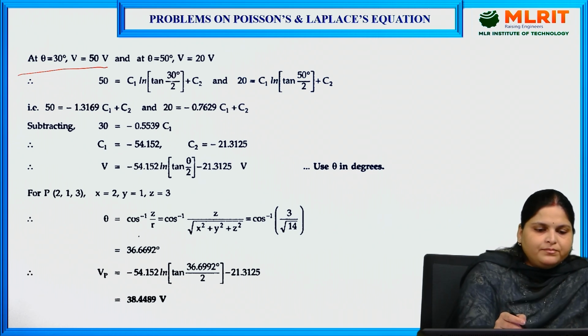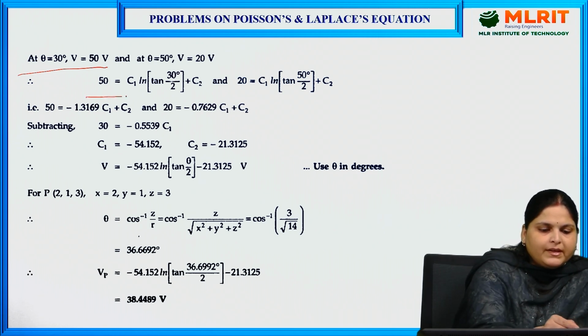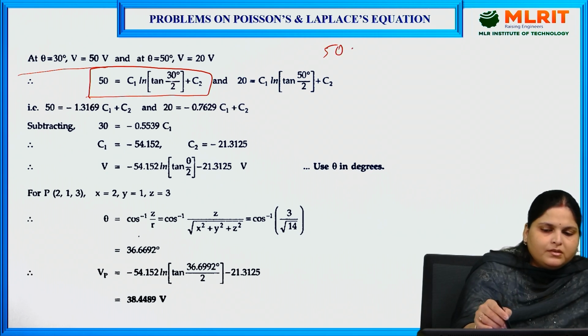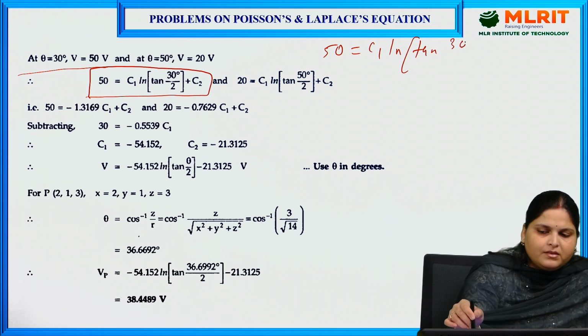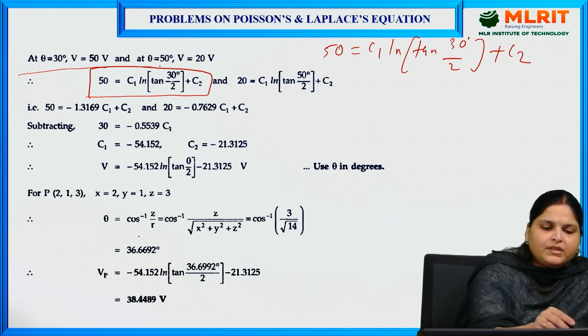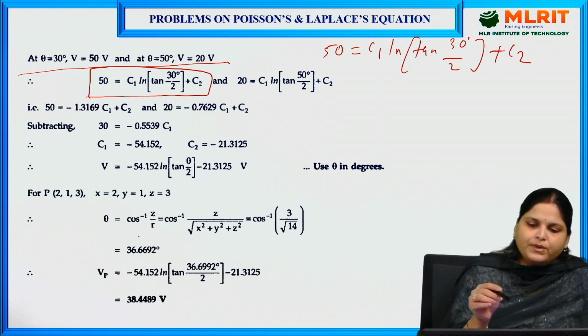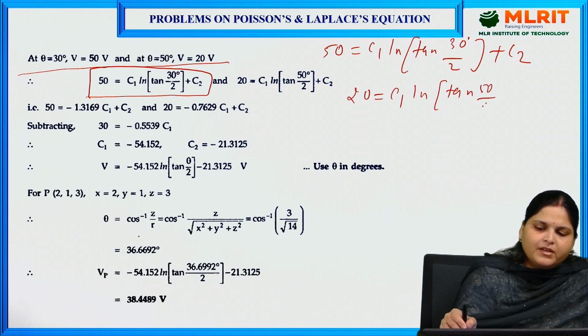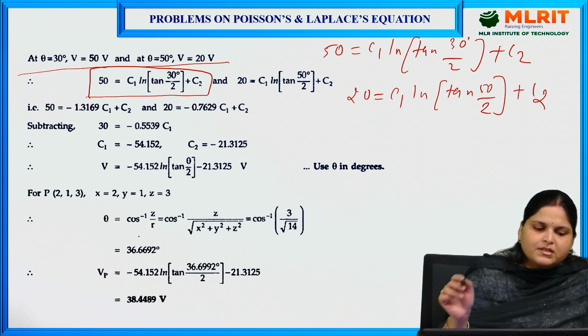When we put these in, we get 50 equals C1 ln tan 30 by 2 plus C2, and then with theta equals 50 and V equals 20, it becomes 20 equals C1 ln tan 50 by 2 plus C2.